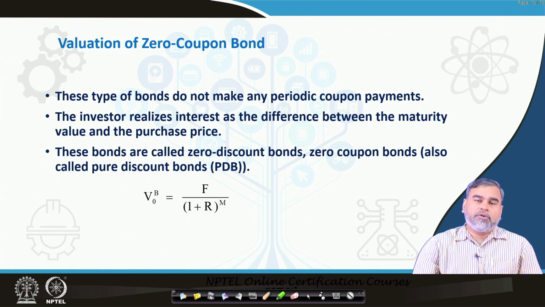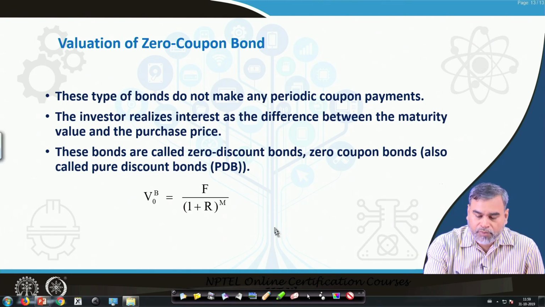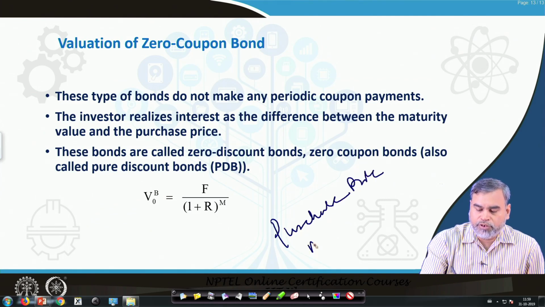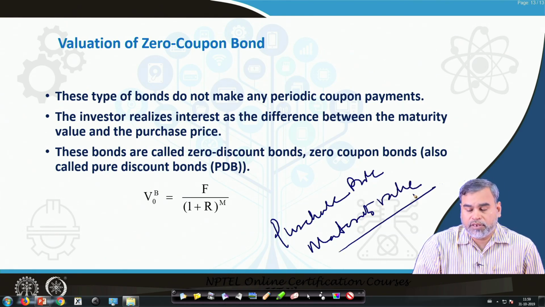Here, instead of periodic coupon payments, there is only a purchase price of that particular bond and a maturity value, and this maturity value is nothing but the face value of the bond, which is what we are going to get.